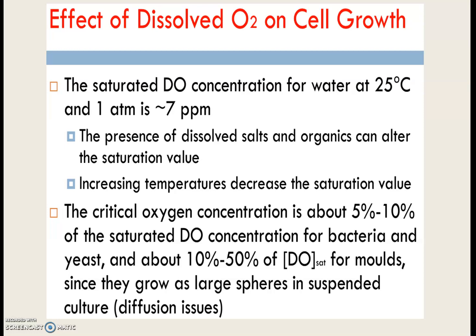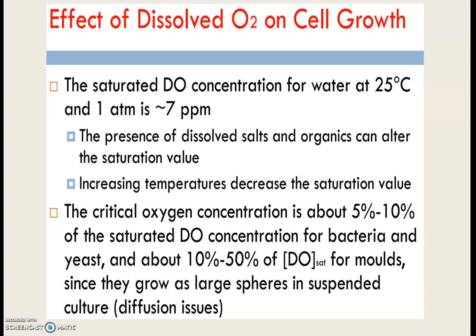So the critical oxygen concentration is about 5 to 10% of the saturated dissolved concentration for bacteria and yeast, and about 10% to 50% of the saturated dissolved oxygen for molds, since they grow as large spheres in suspended culture. This critical oxygen concentration is important because there is a level of oxygen that must be sustained in the fermentation.